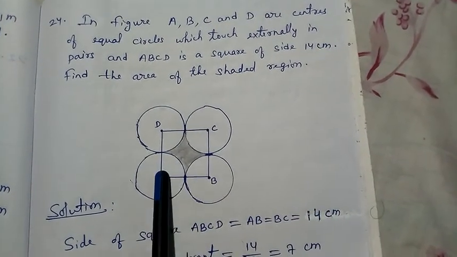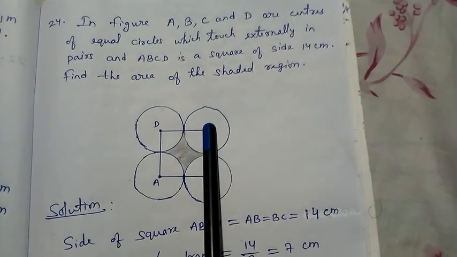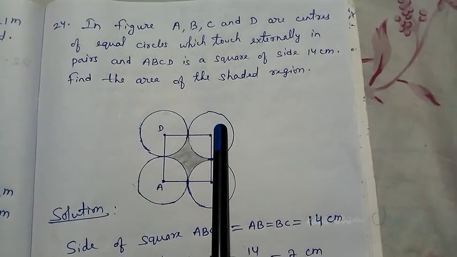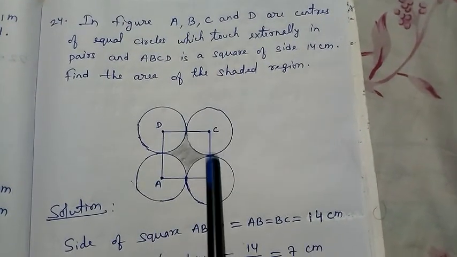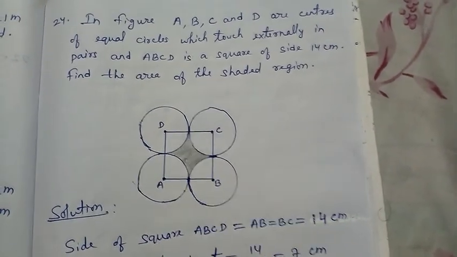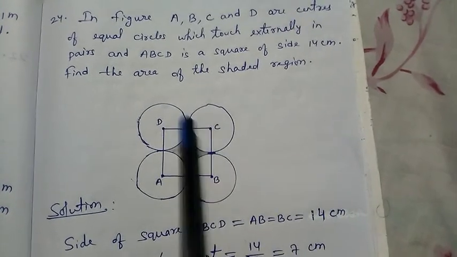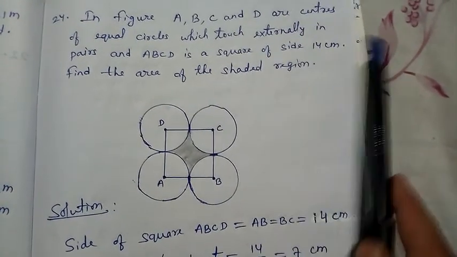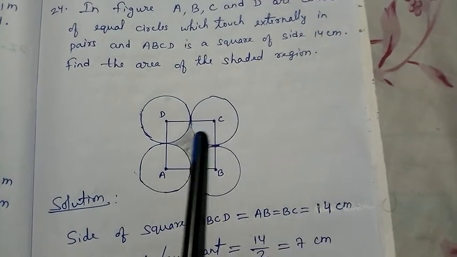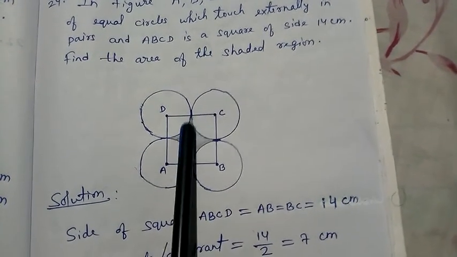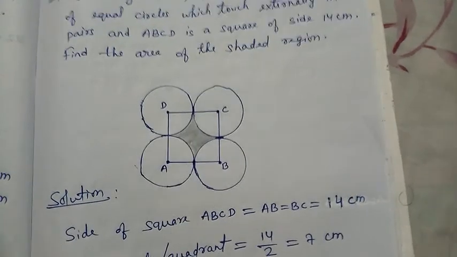If you join all these centers as AB, BC, CD and AD, then it becomes a square having side 14 each. Find the area of the shaded region. So you have to find only the area of this particular middle portion, the shaded region.